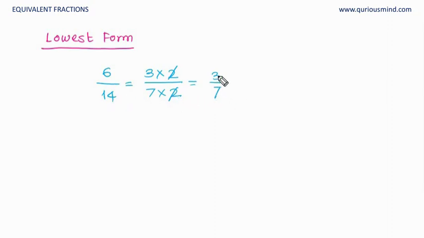Now, are there any common factors? These are prime numbers, so there are no common factors between them. So when we have a fraction where the numerator and denominator do not have any common factor, we call it the lowest form of a fraction.